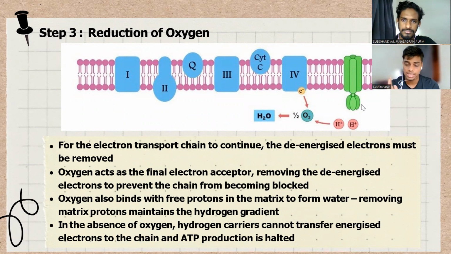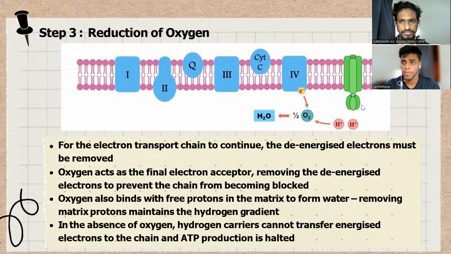Okay, in this slide, we can see there is a reduction of oxygen, and this will eventually stop the ATP generation. How does this happen? This happens when the electron transport chain continues and de-energizes the electrons. The de-energized electrons will be removed. So the oxygen acts as a final electron acceptor, where it removes the de-energized electrons to prevent the chain from blocking.